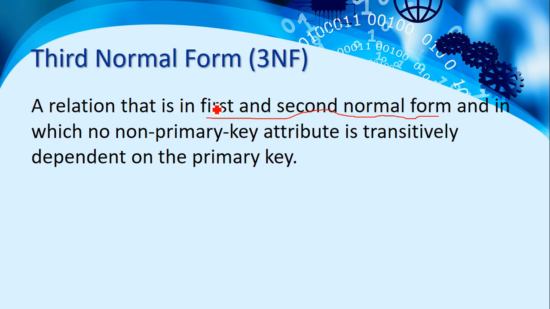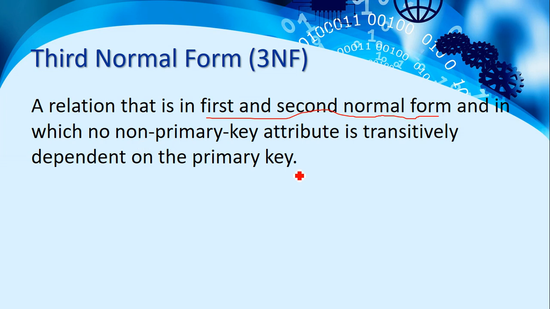You can't skip. It can't be in second normal form without being in first normal form. So it has to have these two already, first and second normal form, achieved by that table. And no non-primary key attribute is transitively dependent on the primary key.